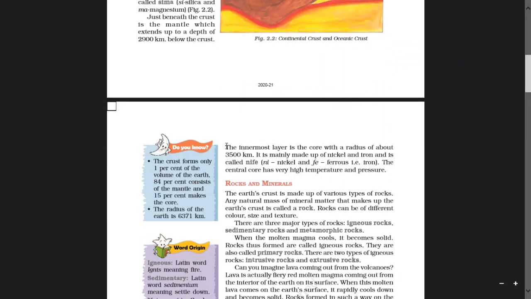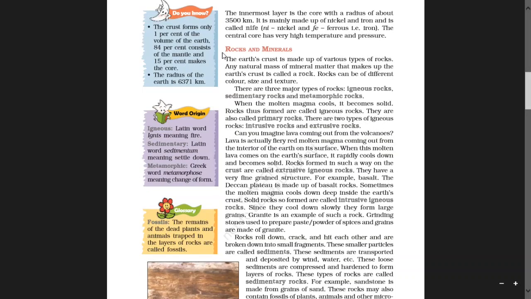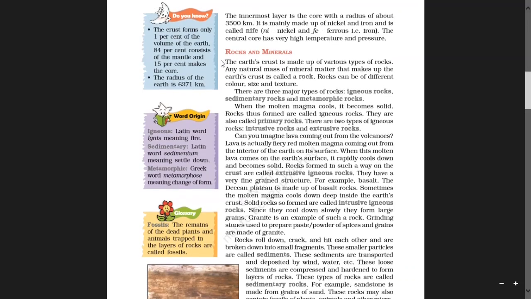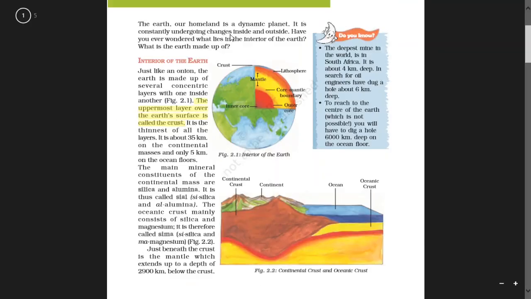So below the crust, its depth is 2,900 kilometers. But have a look at the right margin of this space.